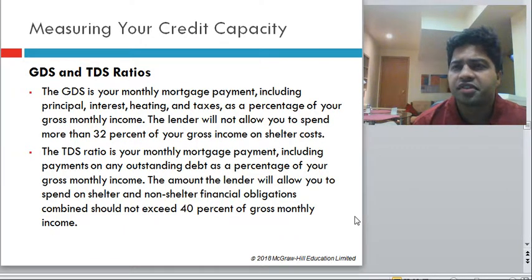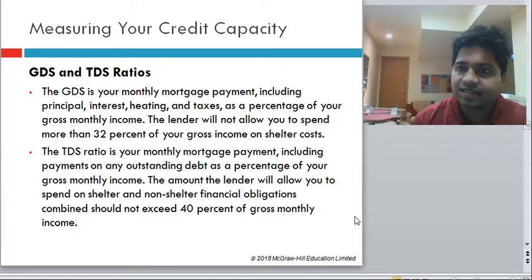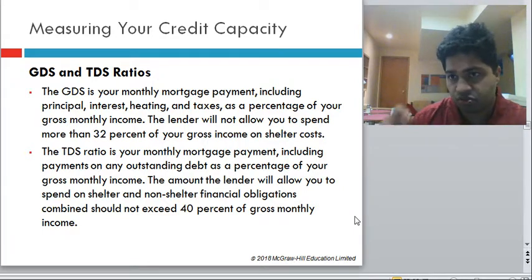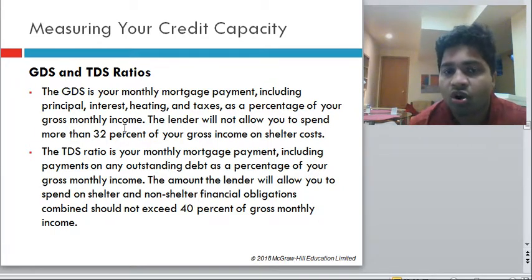These are two extremely important ratios. We'll discuss them again in chapter 7 when we discuss housing. GDS and TDS ratios are used by financial institutions to check how much loan, specifically how much home mortgage, you can take. GDS is your monthly mortgage payment, including principal, interest, heating, and taxes, as a percentage of your monthly gross income.